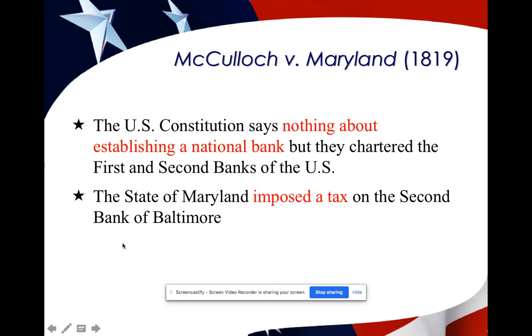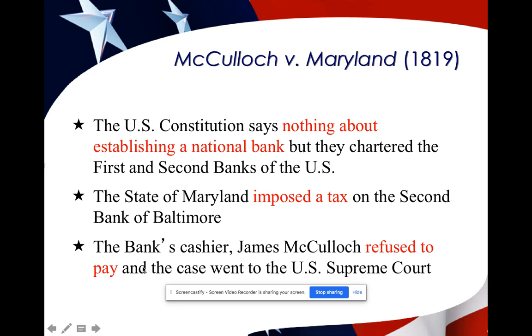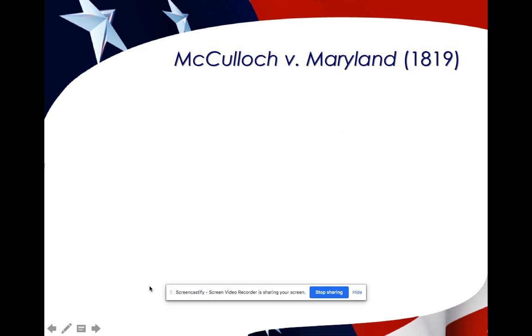So the state of Maryland imposed a tax on the Second Bank of Baltimore, which was a national bank. Okay, so the federal bank said you can't do this. So when it came time to pay the tax, the cashier said, we are not paying. You don't have a power to impose a tax on the national government. So it goes to the United States Supreme Court.